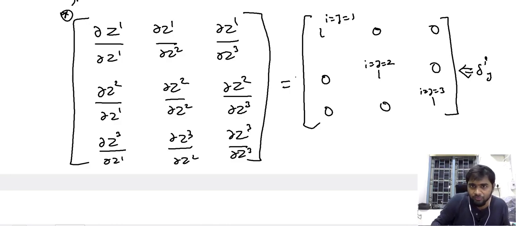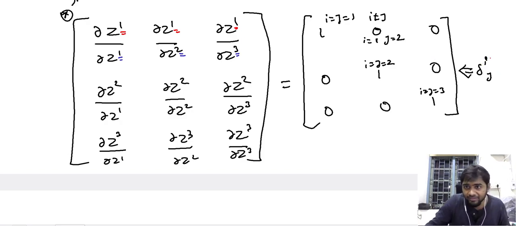So when i is equal to j is equal to 1, you have 1. When i is not equal to j, this will be i assuming the value of 1 and j assuming the value of 2. The same can be seen here. The ones at the top, these indices assume the same value, and the ones at the bottom vary. So at the top the index indicates the row, whereas at the bottom it indicates the column.